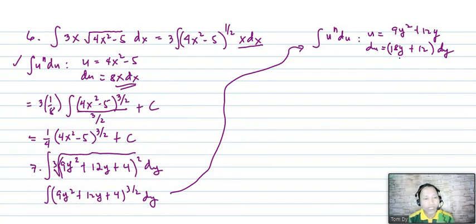So you have to find another way. If you are familiar with factoring, we can rewrite it as the integral of 3y plus 2 squared dy.